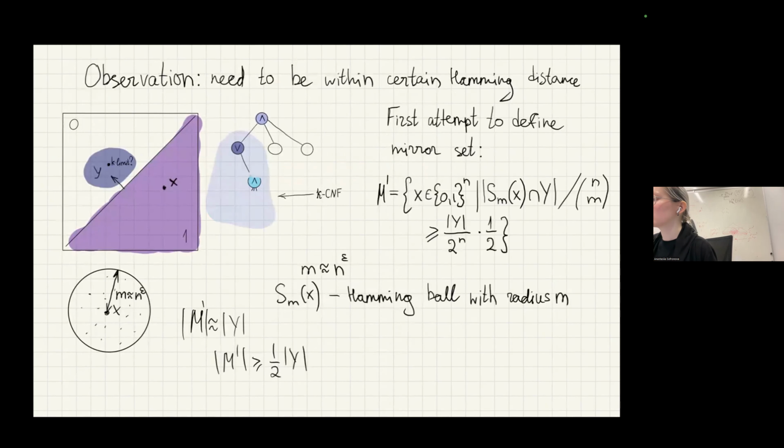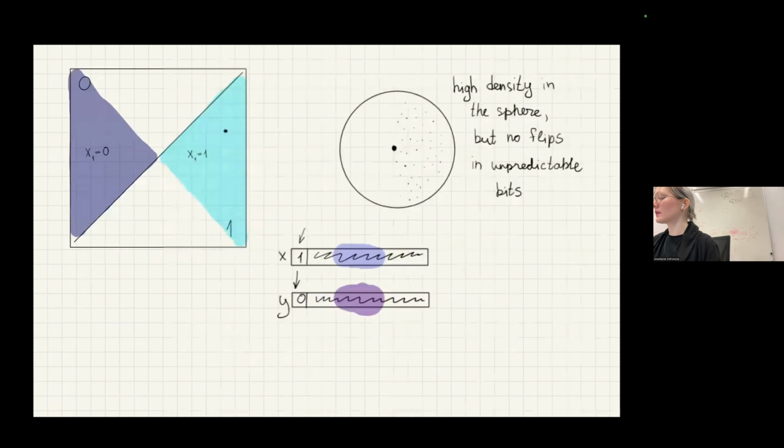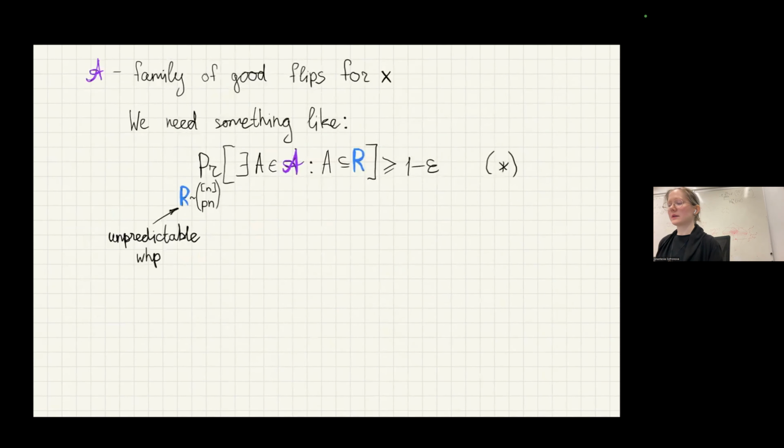What I want to do, when I find my mirror set, suppose I found it already, suppose I've defined it, is to be able to sample a random point here, and then sample a random block of coordinates, and then have two things occur with high probability. First, this block is unpredictable, and second, we have a good flip inside it. And this is enough for us to succeed in finding a k-limit.